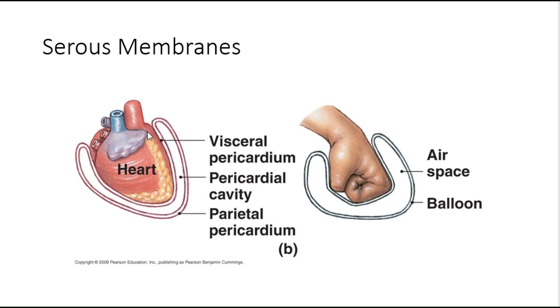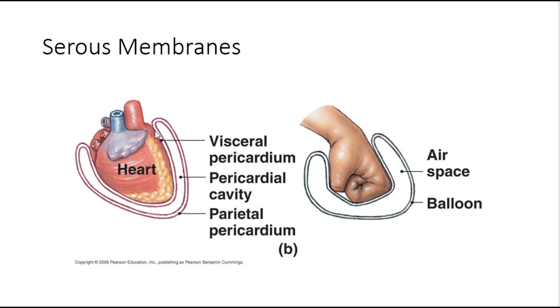So the heart is covered by a layer called the visceral layer, and another layer of serous membrane is attached to the body wall, to the chest cavity. Between them there is a cavity called the pericardial cavity.